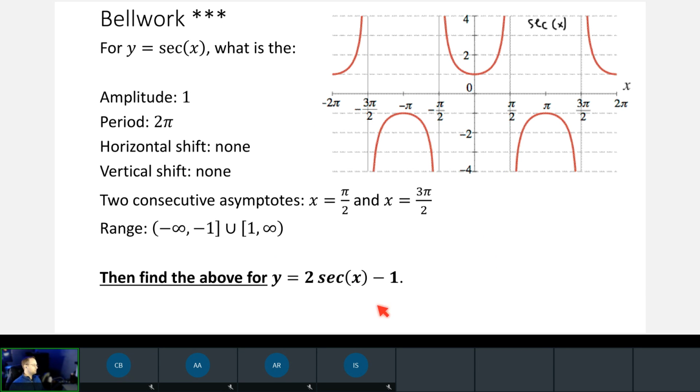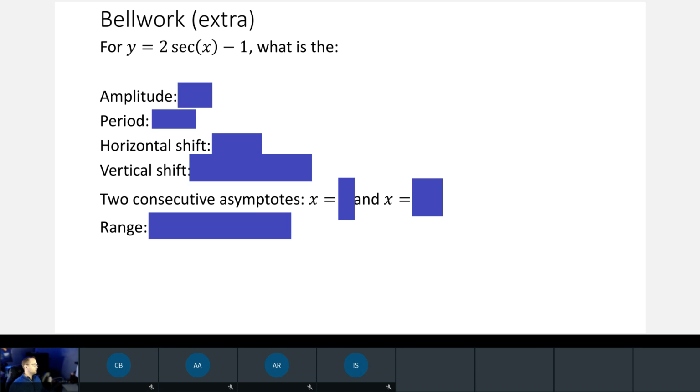All right. Looking at this one, what is the amplitude for this one? Amplitude is 2. Yep. What is the period? 2 pi. Yep. What is the horizontal shift? None. Very good.